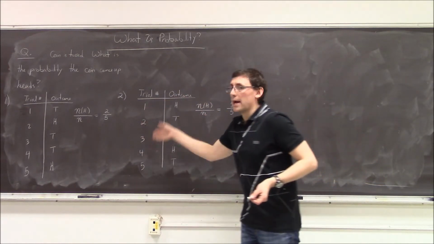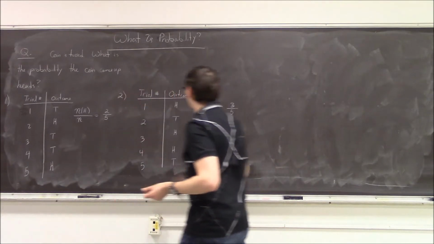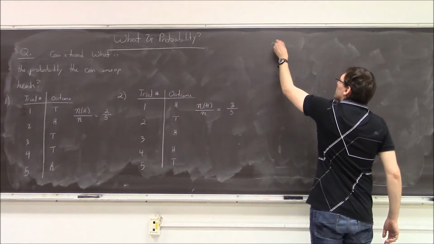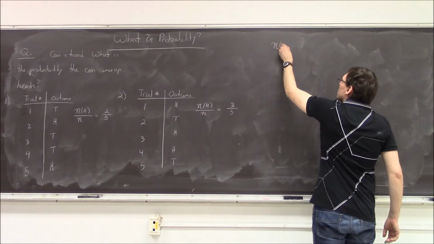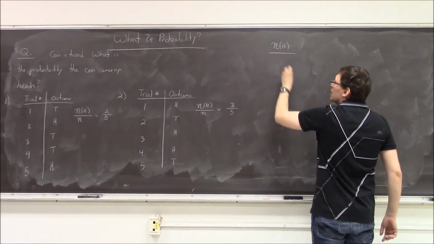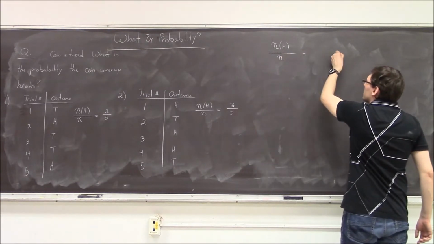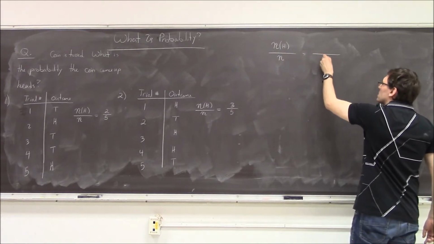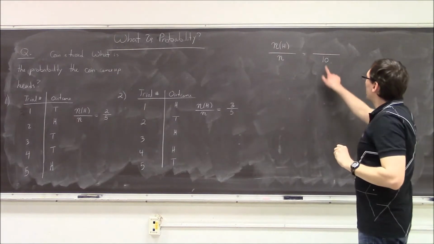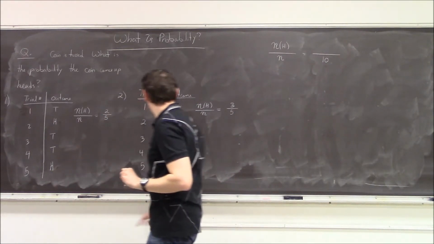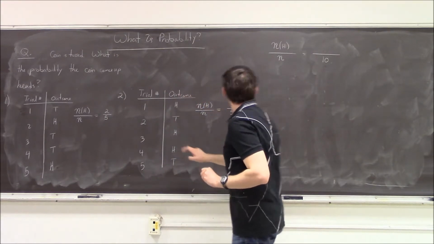If we were to combine those two procedures into one whole experiment, let's see what is the total number of heads we have over, in this case, n is 10. If it was an experiment consisting of 10 results, and I have 10 results, then how many heads? 1, 2, 3, 4, 5.